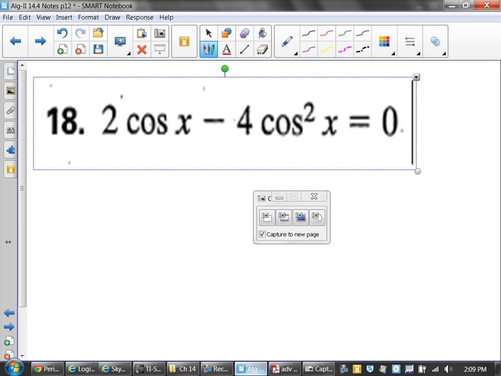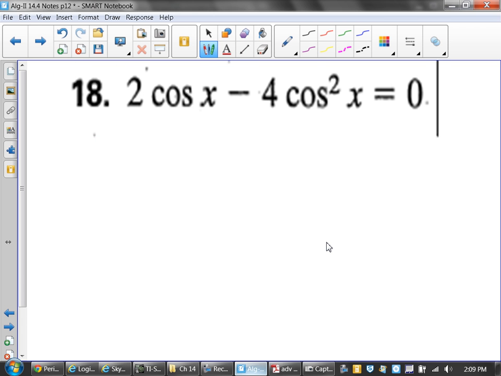In number 18, you are automatically set up with two terms. As soon as I have two terms, I'm going to want to work with GCFs right away. So what's the GCF of 2 cosine x and 4 cosine squared x? 2 cosine.